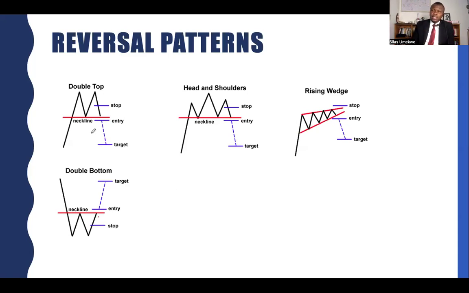Because you see, this looks like the letter M. So that's why some people call it the M formation. And these guys, some people call it the W formation because it looks like letter W, right? Okay, so going forward, continuing what we are doing.